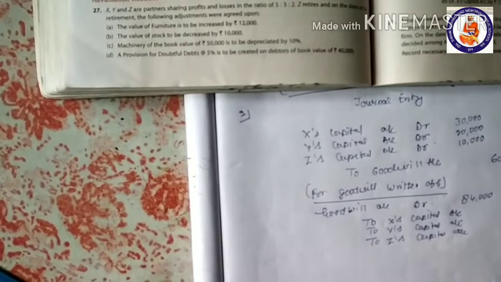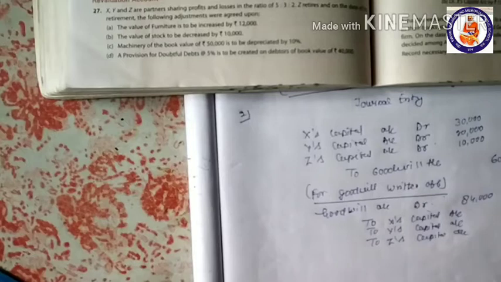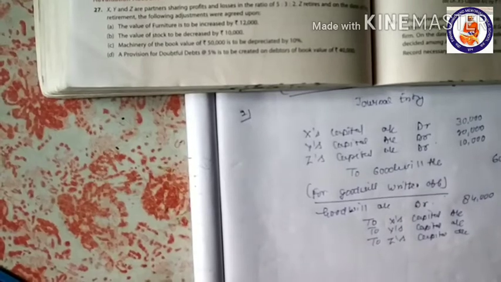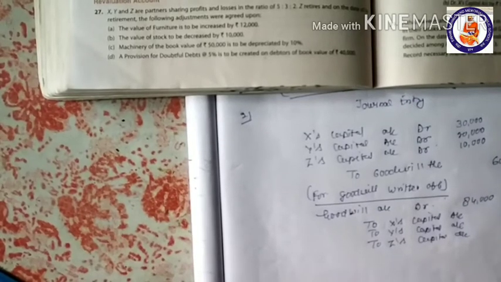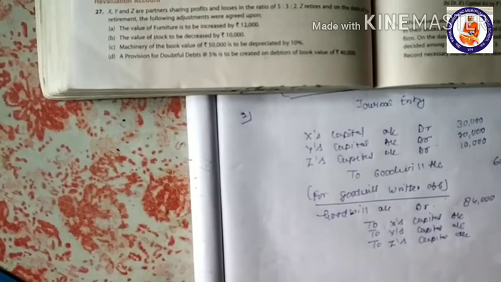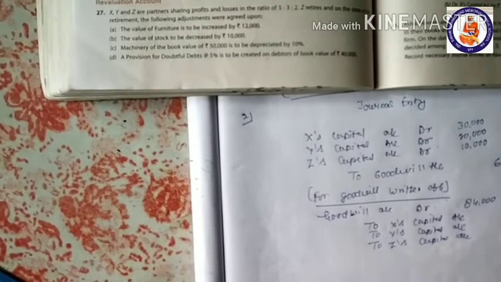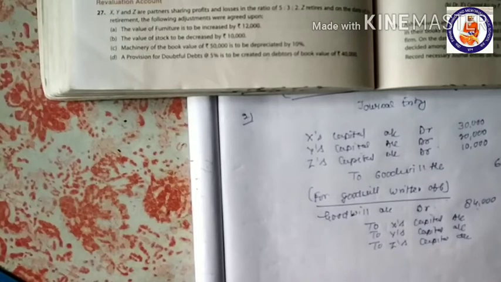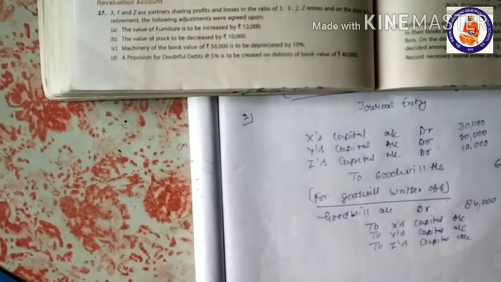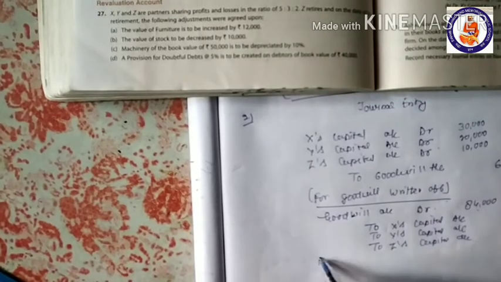Then how much? 3:2:1 it is to be shared. 3:2:1 means 42,000 is X's share, 28,000 is Y's share, and 14,000 is Z's share: 42, 28, 14. If we add this up, it should come to 84,000.